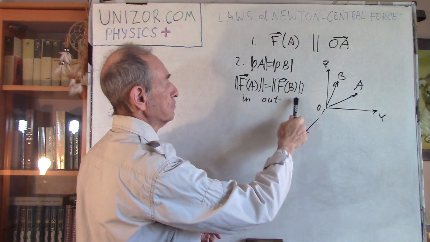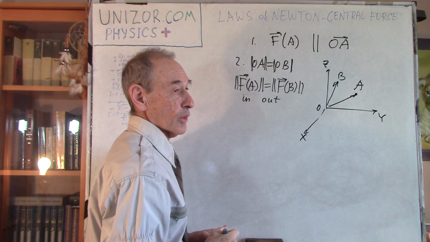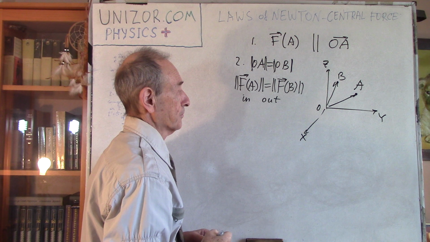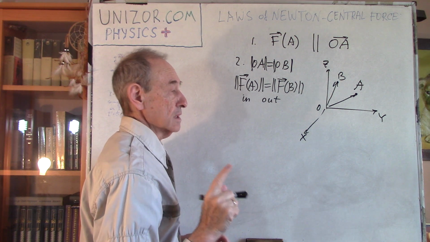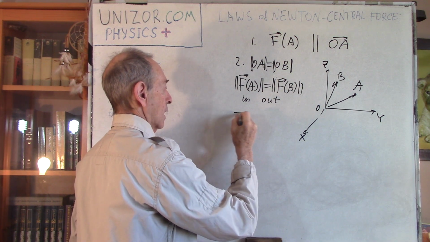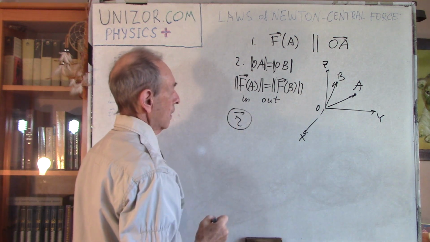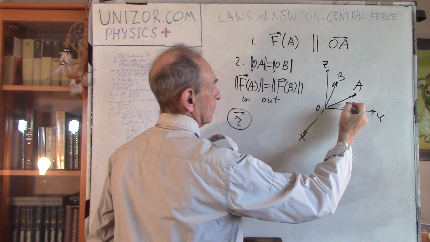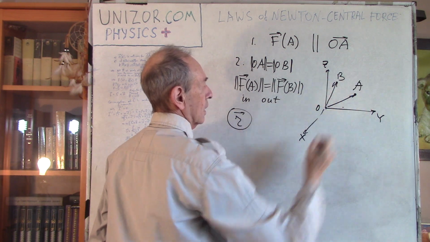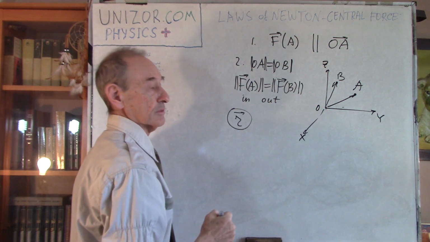Now obviously, if you have two points on the same radius, any other point on the same radius will also have exactly the same property. What it means is that I will use r as the vector from point O to any other point in space, for example OA or OB. So I'll use the general vector r.